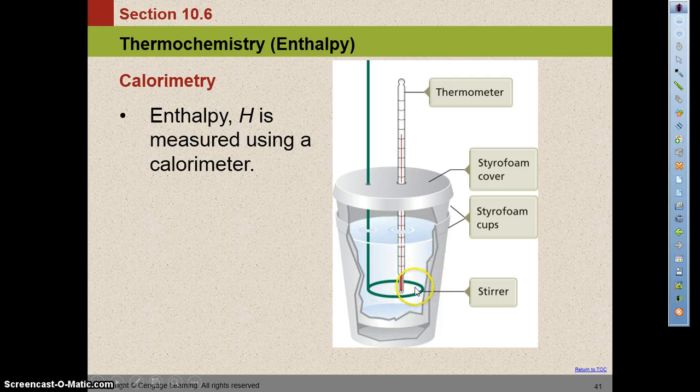So we use this, and because we know what the substance is in here, and we measure the enthalpy in the form of the temperature difference, which is in the form of heat that's given off, we can calculate the delta H for this reaction. And it may be possible for us to look at this reaction and another reaction and actually add those two and combine those two in order to find what the enthalpy change would be in a final reaction that we really can't carry out in our lab. And we'll talk about that tomorrow with Hess's law.